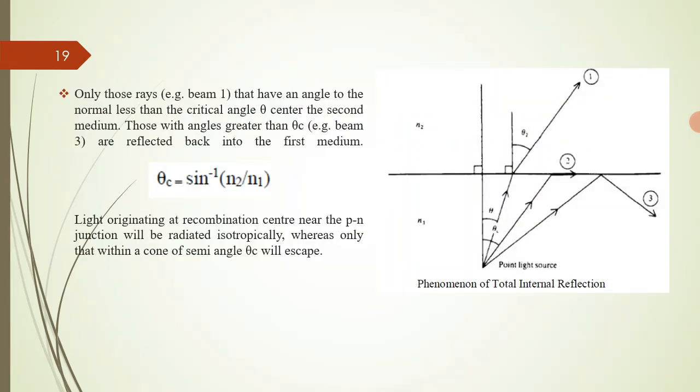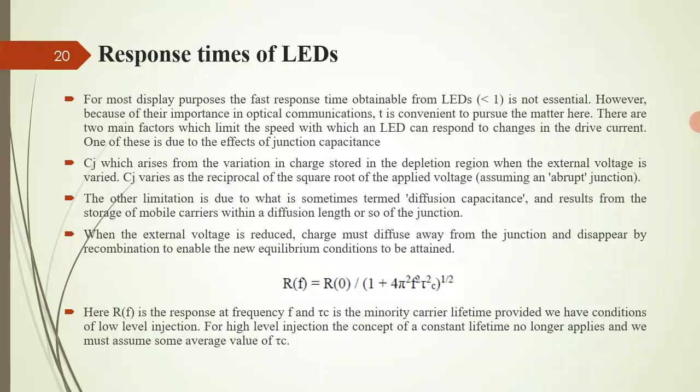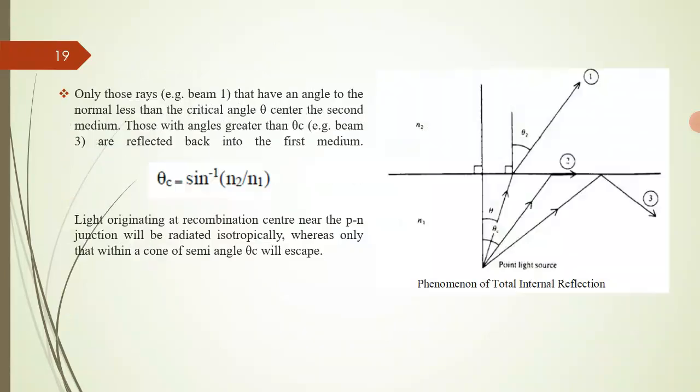Here the total internal reflection occurs due to the concept of reflection inside the medium. We can obtain the critical angle based on the two refractive index mediums n1 and n2.